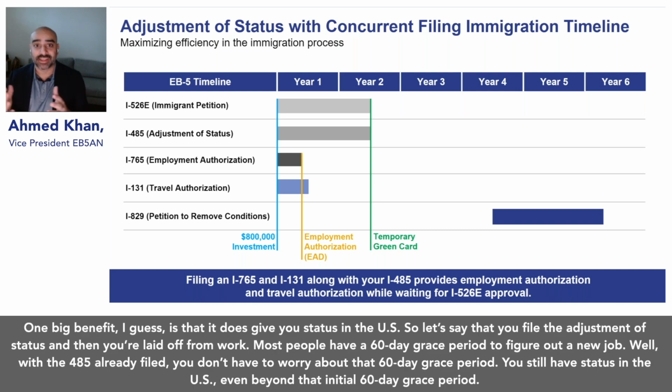Now that alone doesn't provide a lot of benefits. One big benefit, I guess, is that it does give you status in the US. So let's say that you file the adjustment of status and then you're laid off from work. Most people have a 60-day grace period to figure out a new job. Well, with the I-485 already filed, you don't have to worry about that 60-day grace period. You still have status in the US even beyond that initial 60-day grace period.